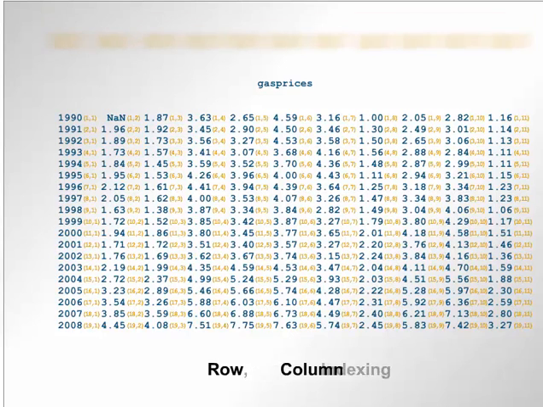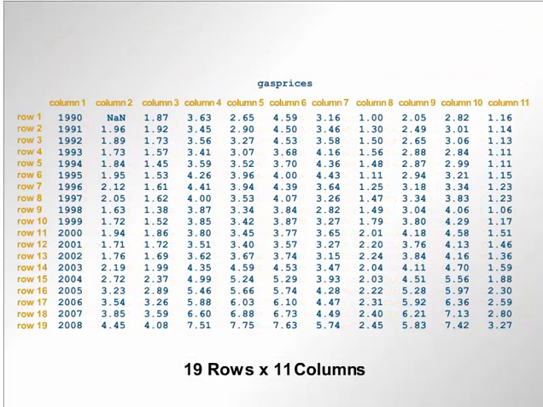The gas prices matrix has 19 rows and 11 columns. To extract any value of the matrix, you start by typing the variable name, open parenthesis, row number, comma, column number, and close parenthesis.